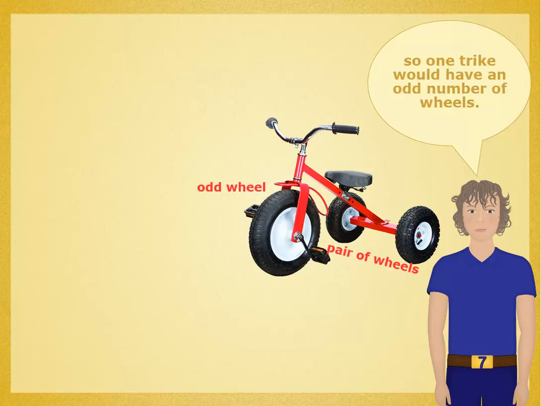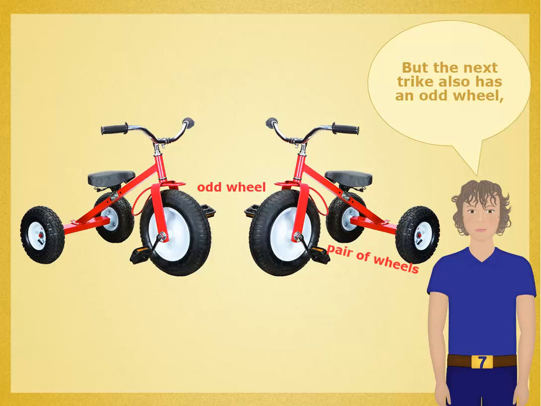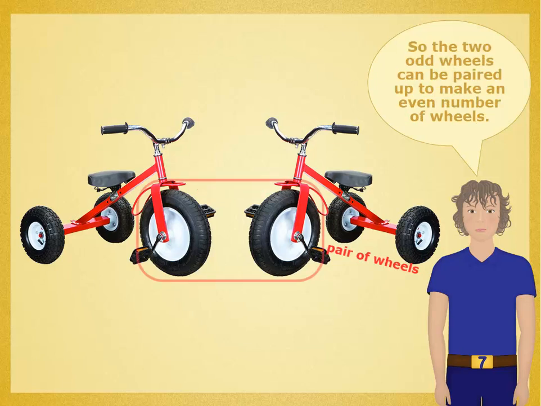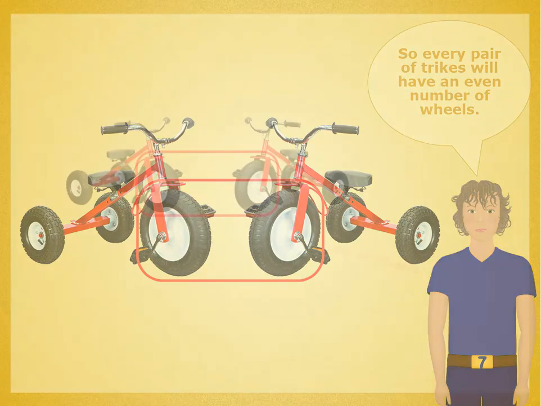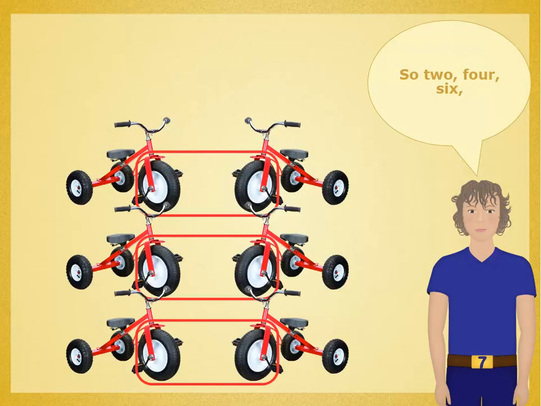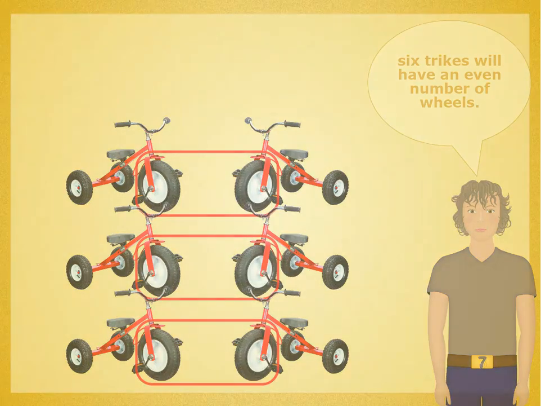So one trike would have an odd number of wheels. But the next trike also has an odd wheel. So the 2 odd wheels can be paired up to make an even number of wheels. So every pair of trikes will have an even number of wheels. So 2, 4, 6. 6 trikes will have an even number of wheels.